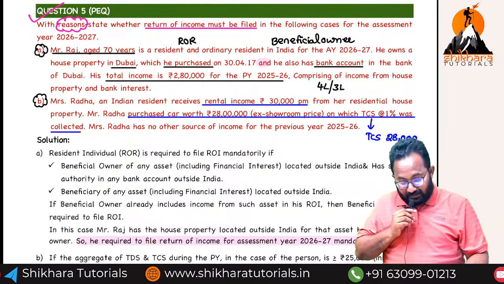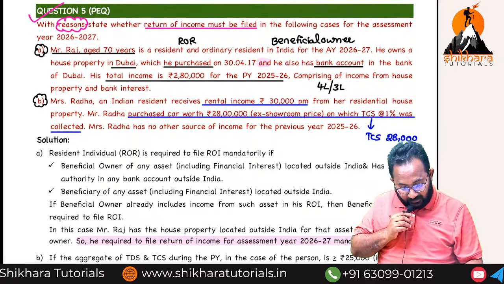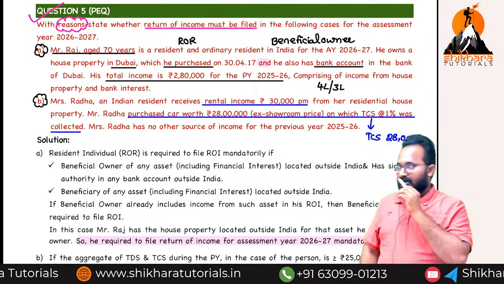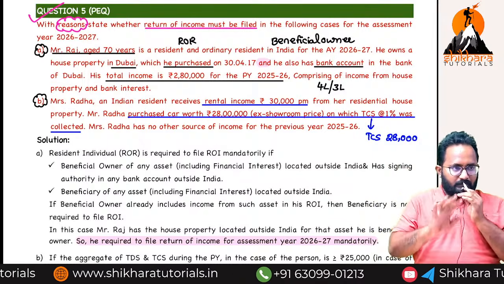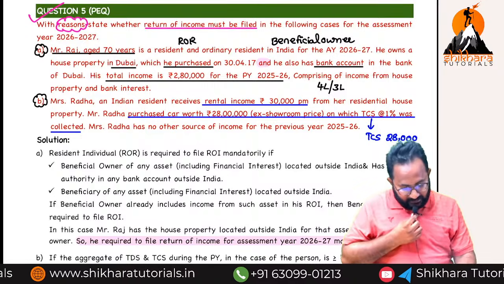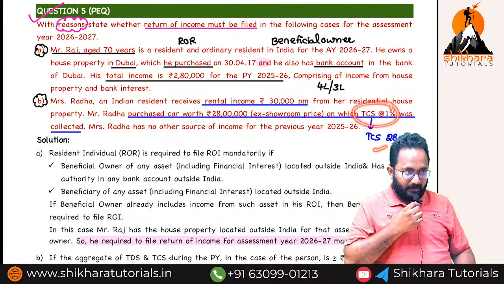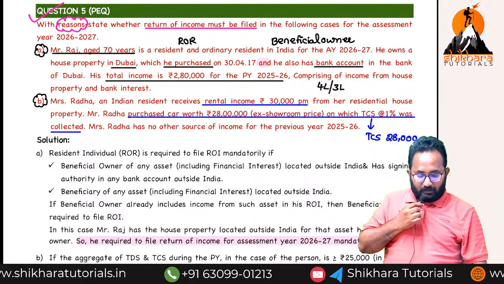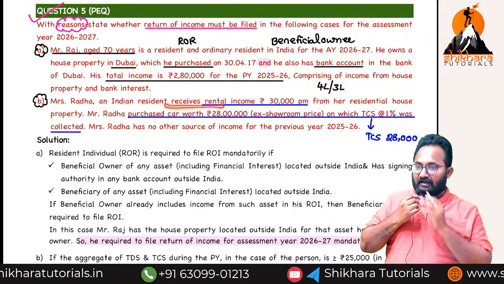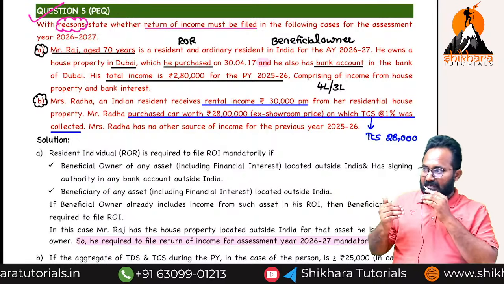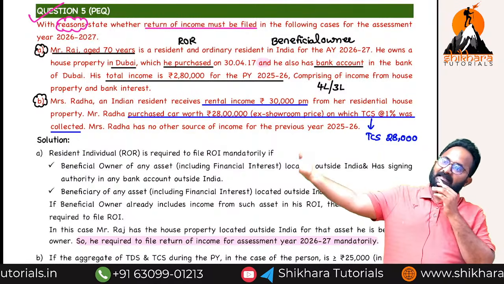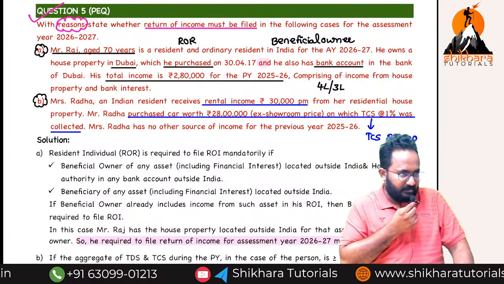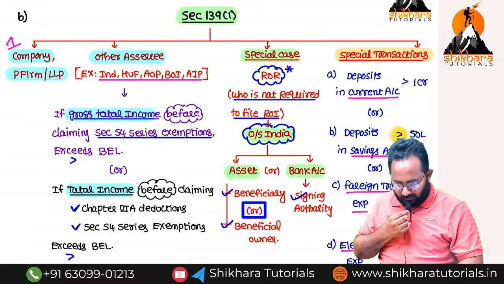Radha is an Indian resident. How much rental income does she receive per month? 30,000, right? Okay. Here TCS applied. How much TCS did she pay? 28,000. But sir, she is receiving rental income, and while receiving rental income the payer may deduct TDS, right? You have handwritten notes.